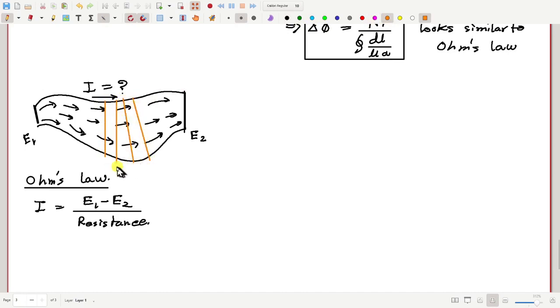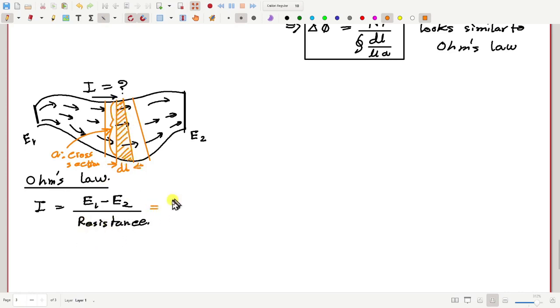Now you consider one particular slice. Suppose the length of this slice is dl, and the cross-sectional area, I mean this area, is A.